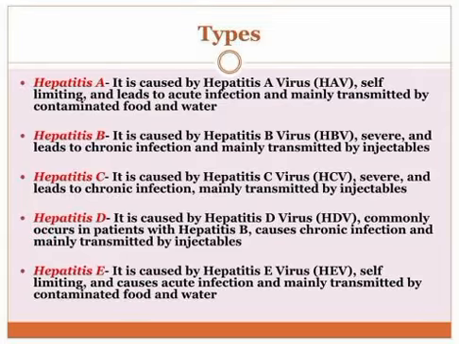Next will be hepatitis E, caused by the hepatitis E virus. It is self-limiting, causes acute infections, and is mainly transmitted by contaminated food and water. So these are the 5 main types of hepatitis: A, B, C, D and E.